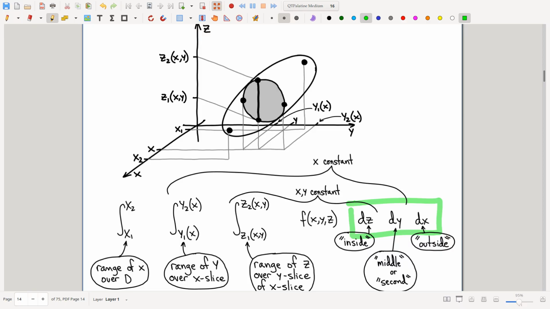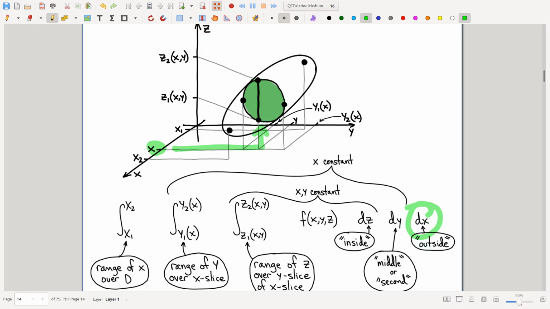For the moment, let's just make this choice for this random picture I've got here. Okay, starting with x. For a given value of x, here's what an x slice looks like. It's not a line segment anymore. Now the x slice is an area.